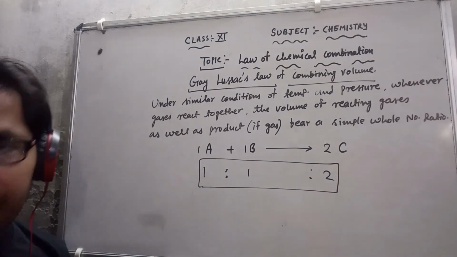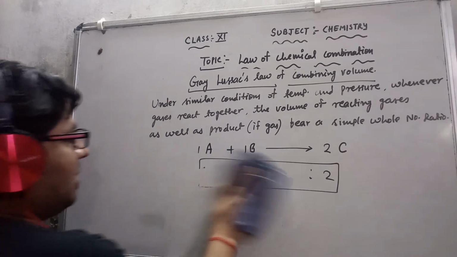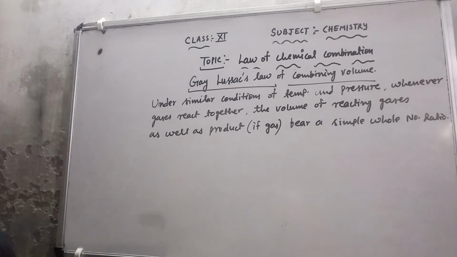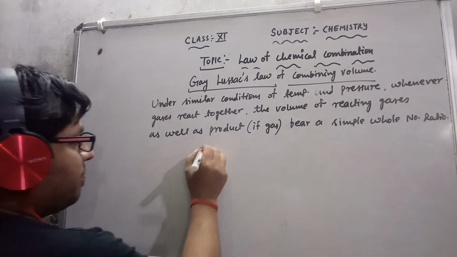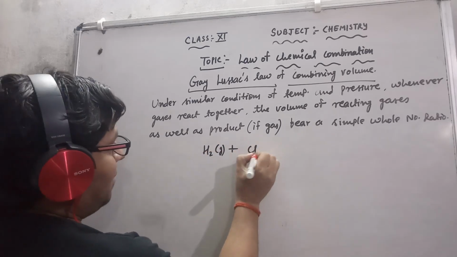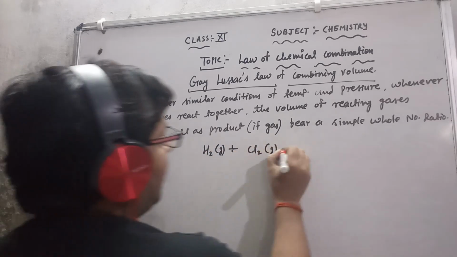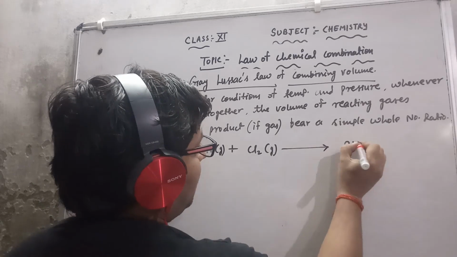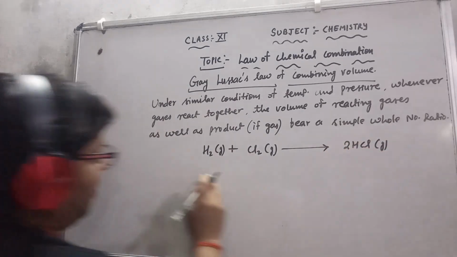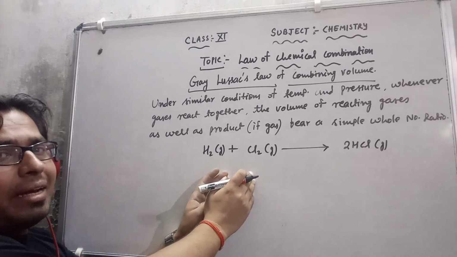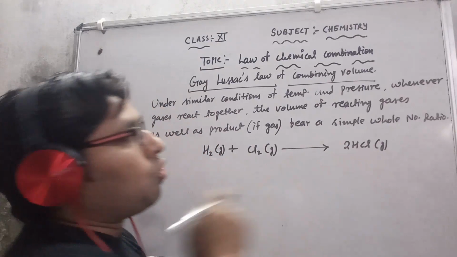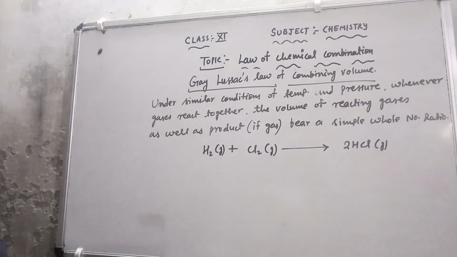So that is a whole number ratio, given by Gay-Lussac. A simple example I am discussing with you: suppose I have hydrogen gas, H2, combined with chlorine gas, Cl2, and it gives us hydrogen chloride gas, HCl. Whenever hydrogen and chlorine gas combine, they give us hydrogen chloride gas, 2 moles.